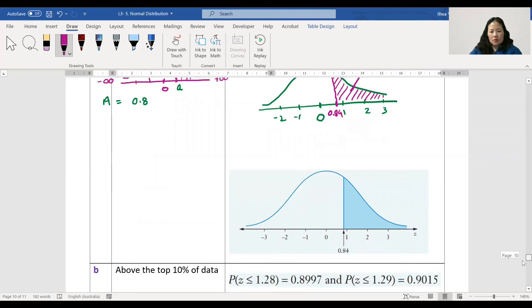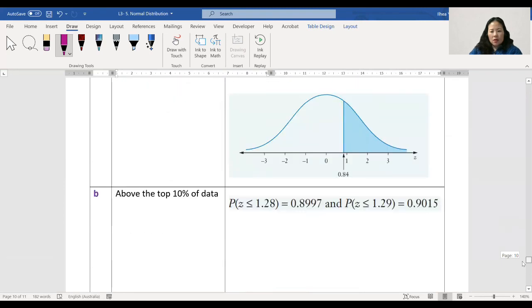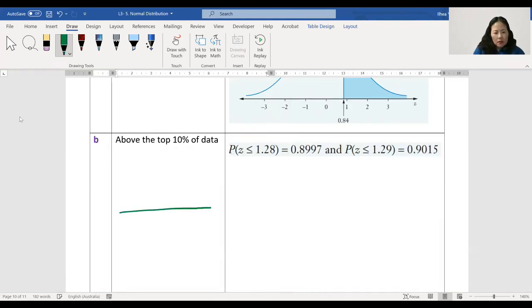That would be the sketch. Now remember, all this percentage is converted to decimal, it's going to give us area, not the value, area, and then we need to find the A, the value for our sketch. Okay, so above the top 10%, roughly here, that's my 10%, yeah?